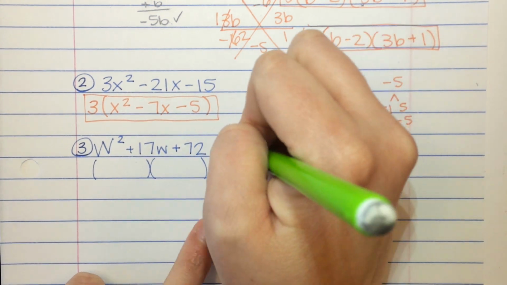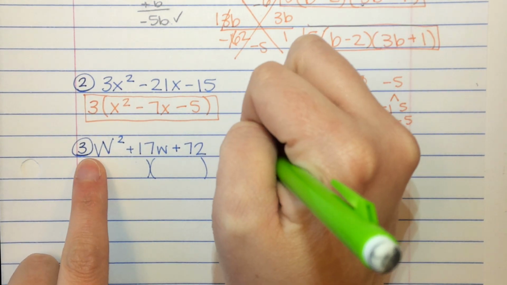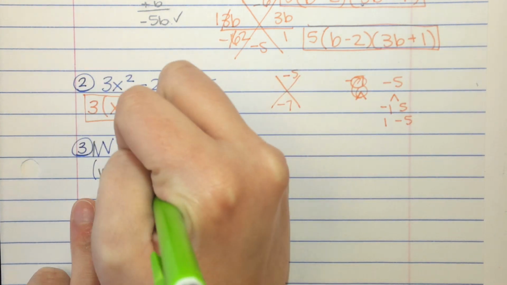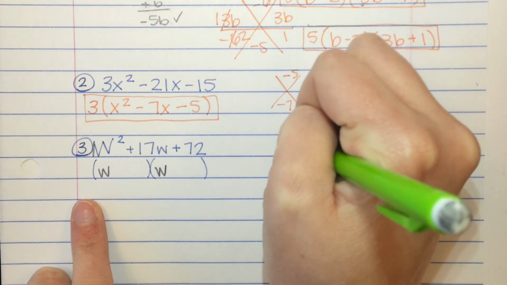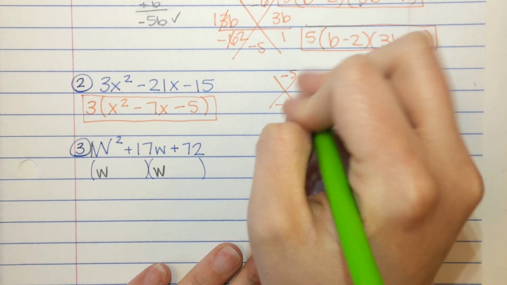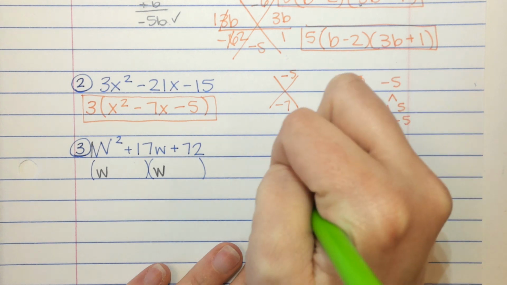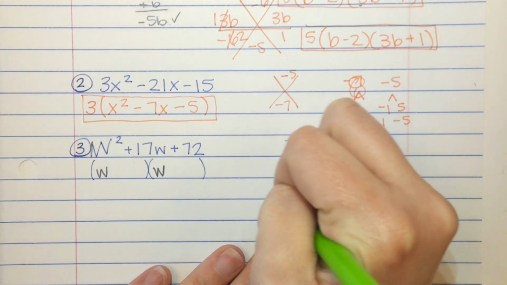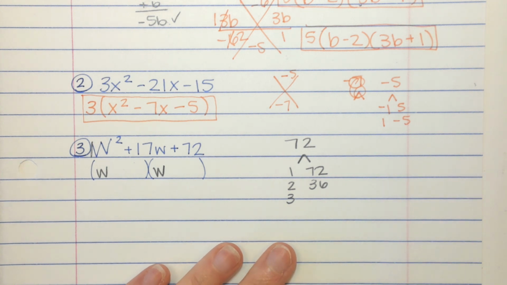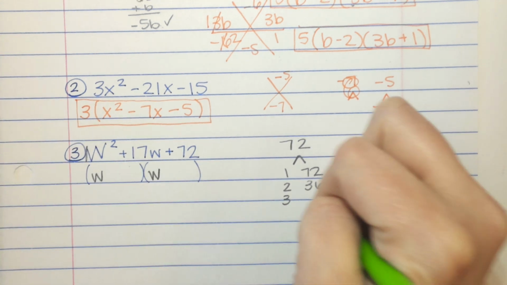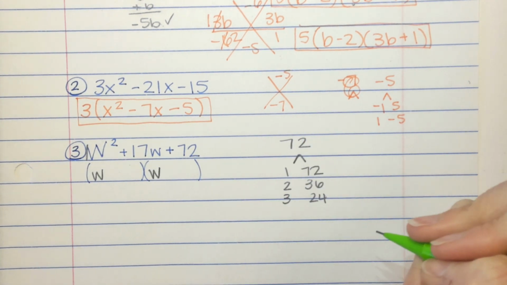So we need factors of A, and so A is just 1. So we don't have to worry about that because we're just going to have W and W. Now we need factors of 72 that add to give us 17. So I can do 1 and 72. I can do 2 and 36. I can do 3 and, let me see, I don't know that one right off the top of my head. 24, and I could keep going and keep going.